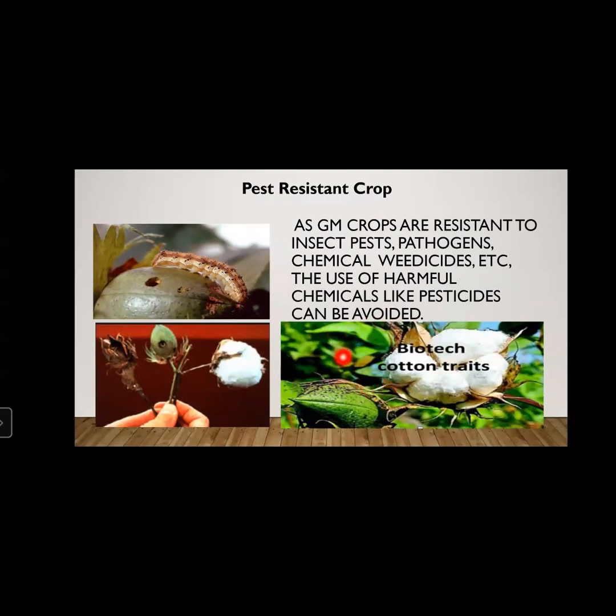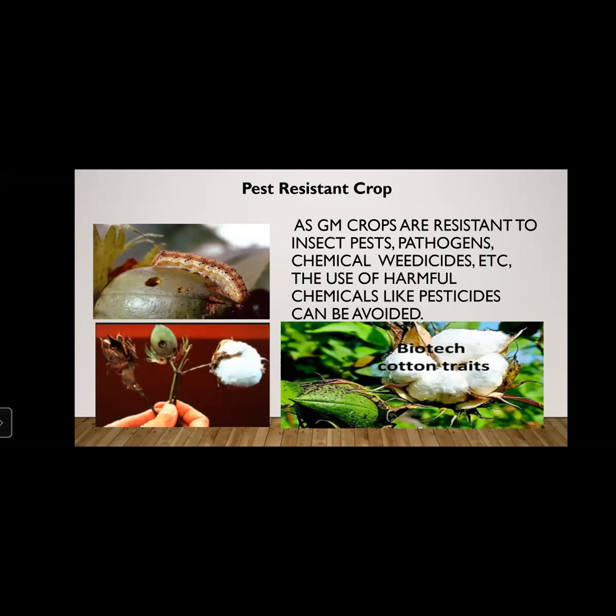As the NIF gene is introduced in this cotton variety, if these insects eat the buds of this cotton plant, as soon as it enters into the stomach of the insect, a poisonous substance is generated which will kill the pest. Because of this, the pest will die as it attacks the plant.